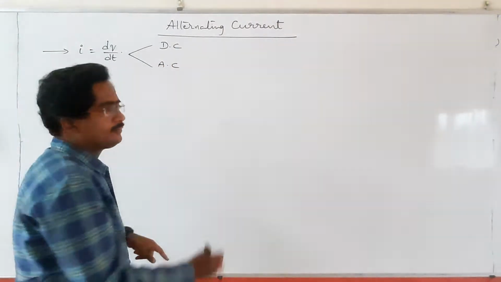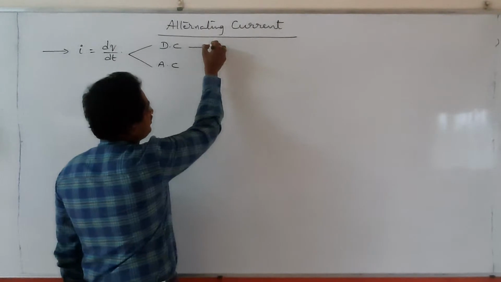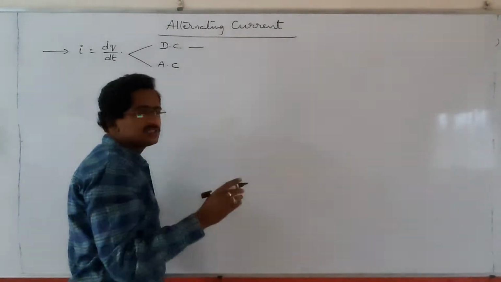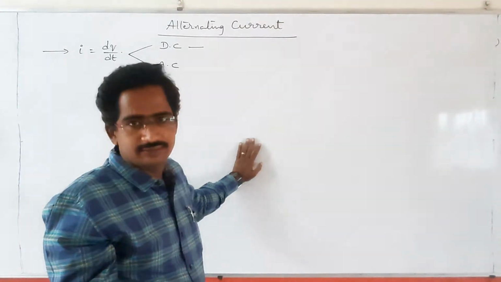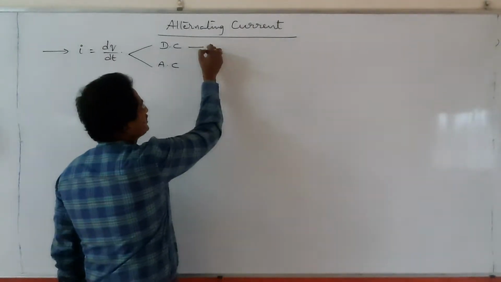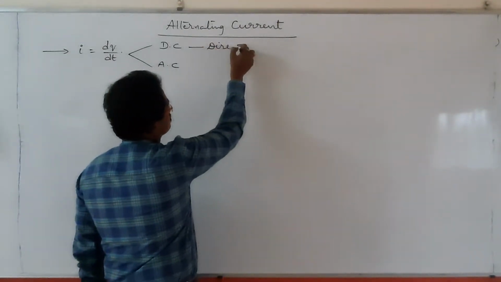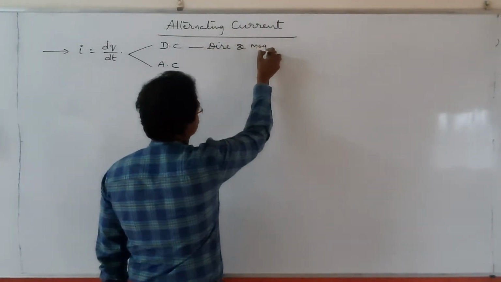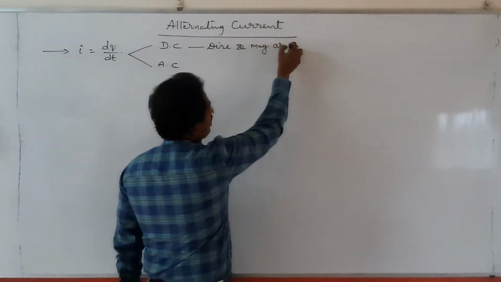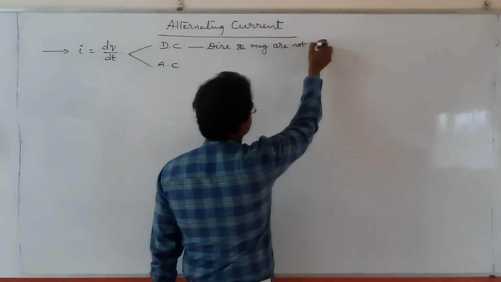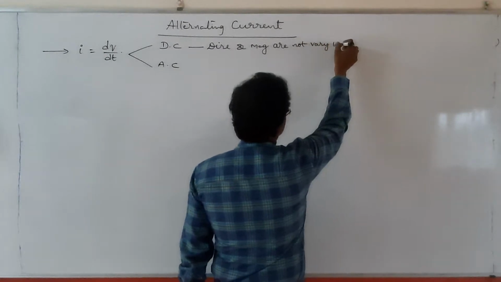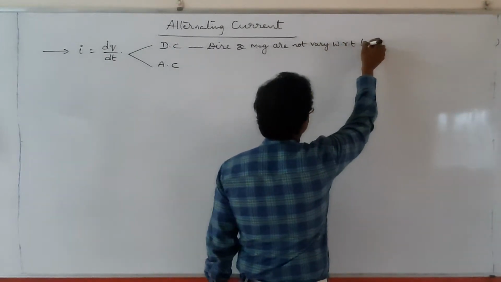Direct current means a current having constant magnitude and direction. So the direction and the magnitude are not varying with respect to time.